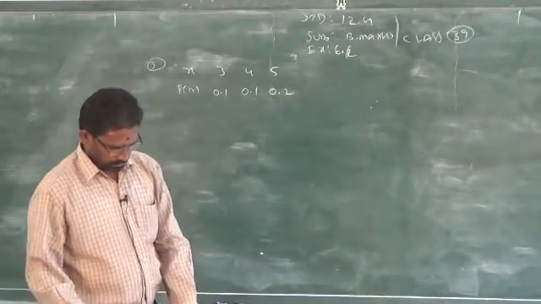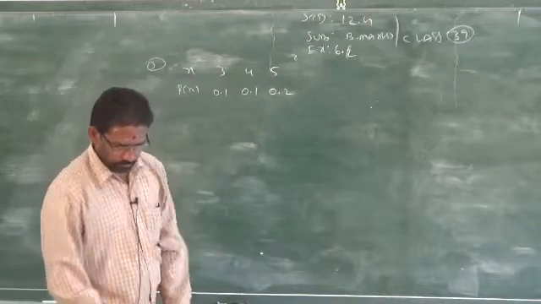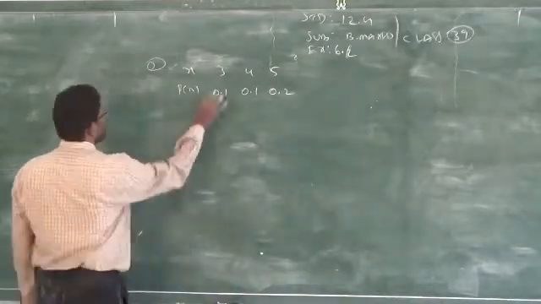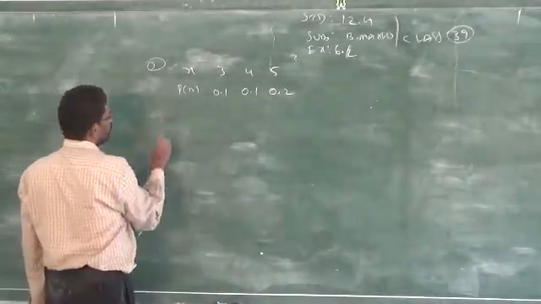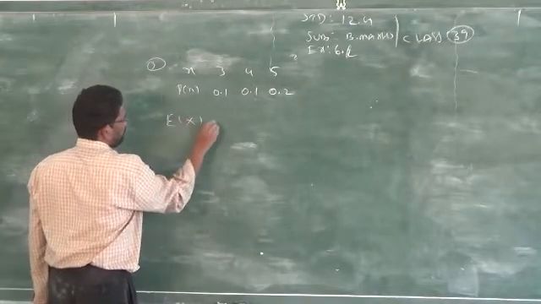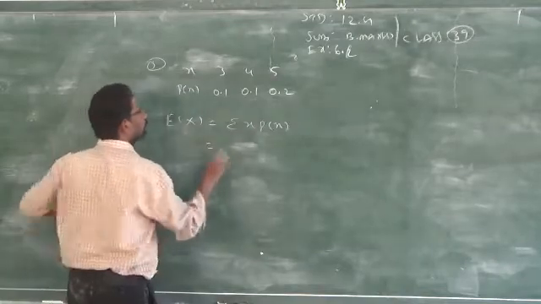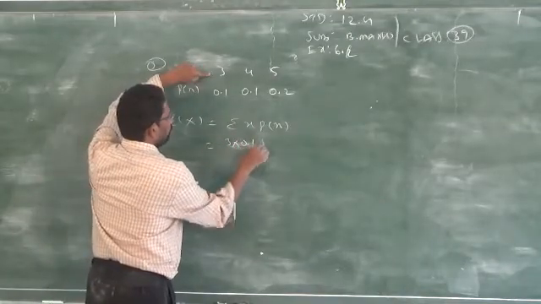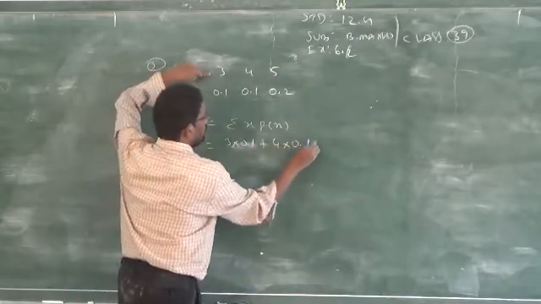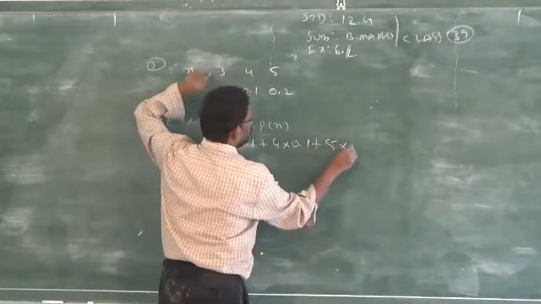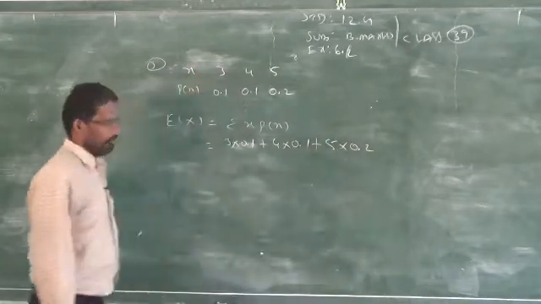Now you have to find out E of x. What is the formula? X into P of x. So how do you find out? 3 into 0.1, 4 into 0.1, 5 into 0.2.